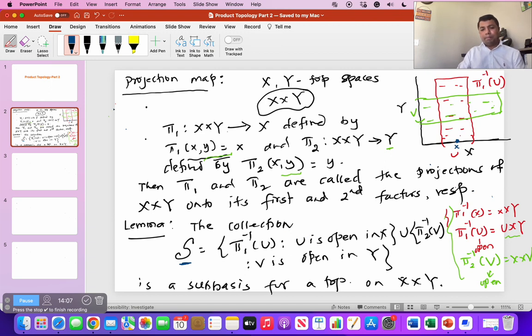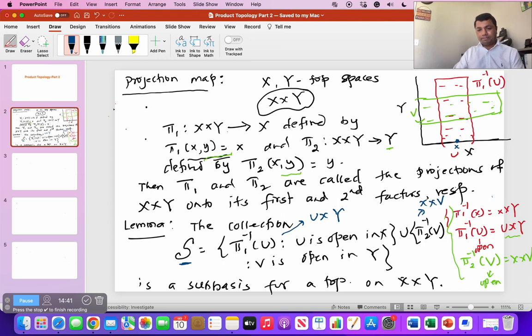Here pi 1 inverse of U, which we have seen, is basically U cross y, and this one is x cross V. So if you want to find the subbasis for the product topology on x cross y, you need to find this collection, and also this collection, and you take the union, or you take them together.